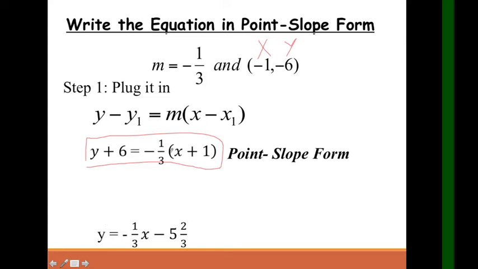So first, i-multiply natin si negative 1/3 kay x. So magiging y plus 6 equals negative 1/3 x. Okay? Next, negative 1/3 times positive 1. So we have negative 1/3.